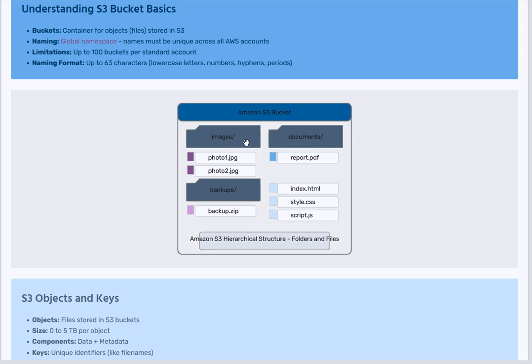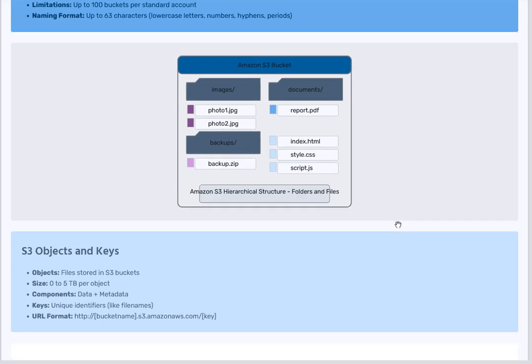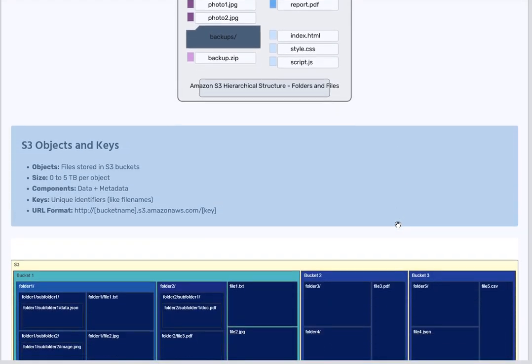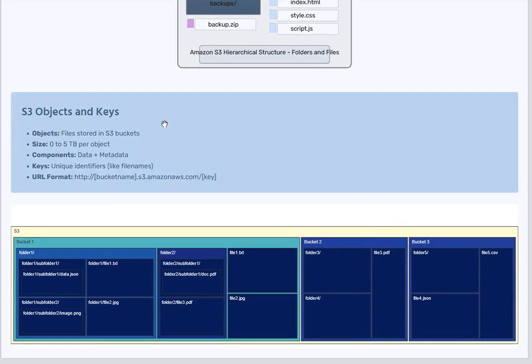You have an images folder with two photos, a documents folder with a report PDF and a backup zip, and then some index HTML style files. This is the S3 hierarchical structure: folders and files. Check their keys, right?